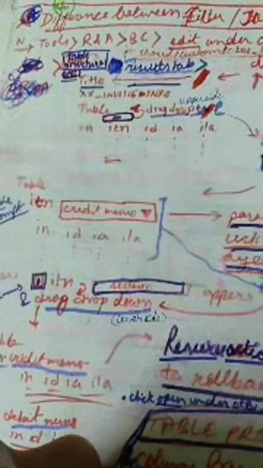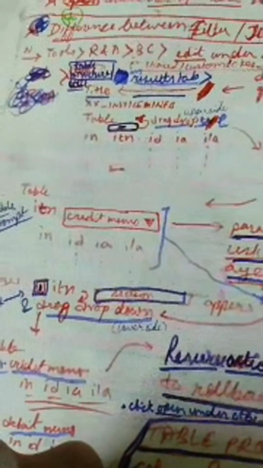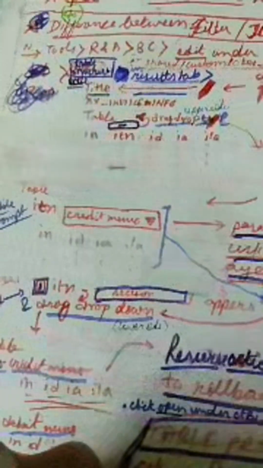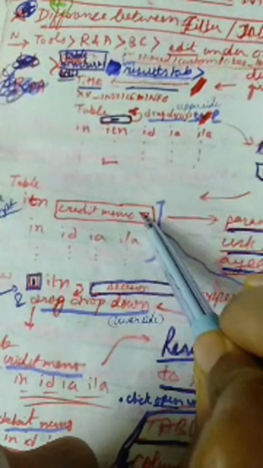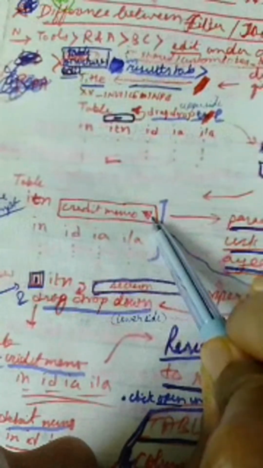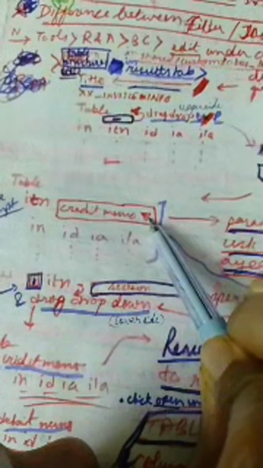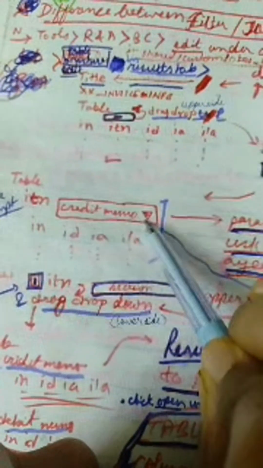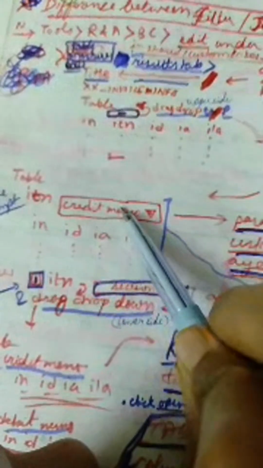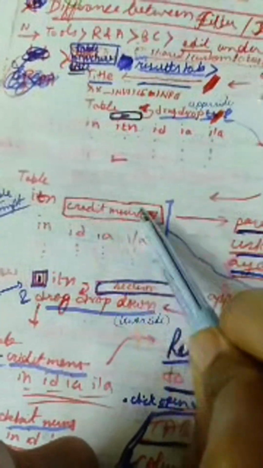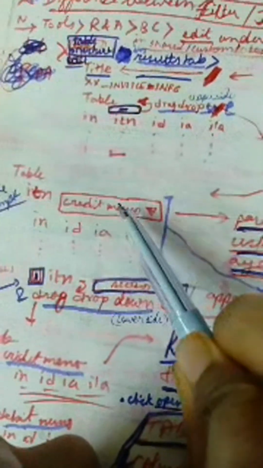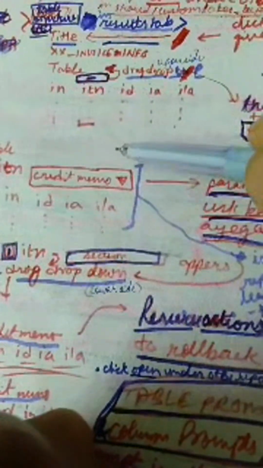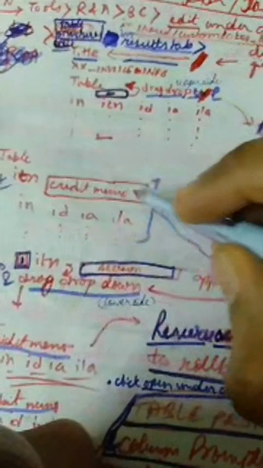One of the major differences between a table prompt and a column prompt is that whenever I create a table prompt, a default value is always present in the output. Whether in the Results tab or whenever we click on Open under the report name, a default value is already present here. Here credit memo is selected. Whereas if I create a column prompt, then nothing is selected. This area is blank.